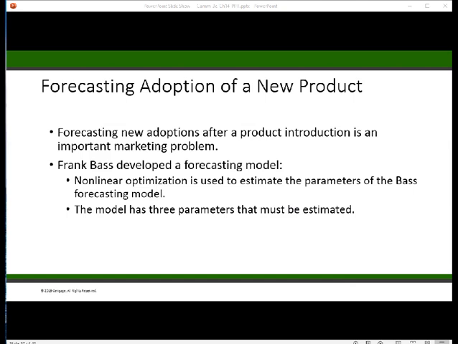Again, this is developed by a guy named Frank Bass. It's a nonlinear optimization that's used to estimate the parameters in his forecasting model.